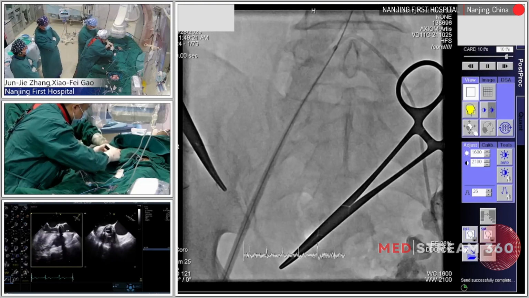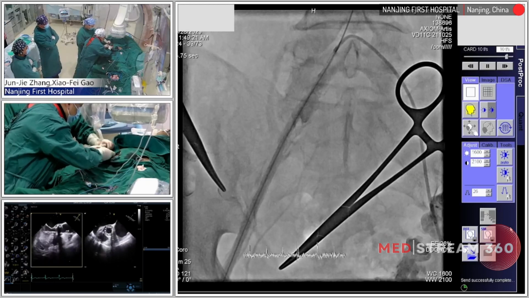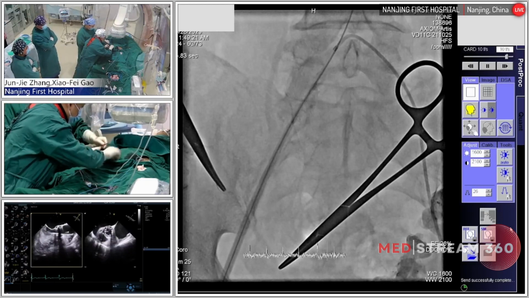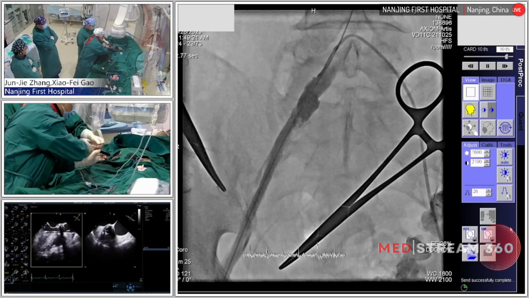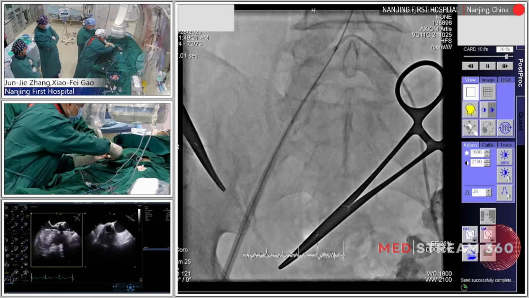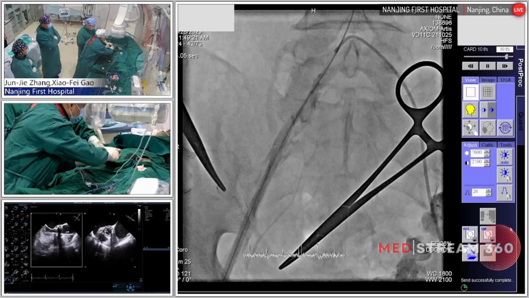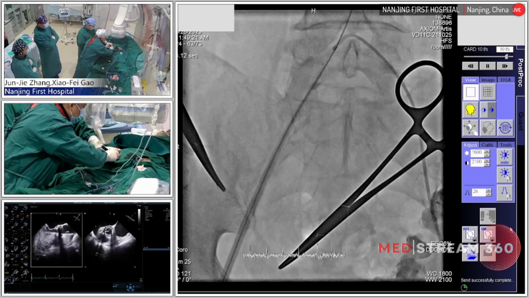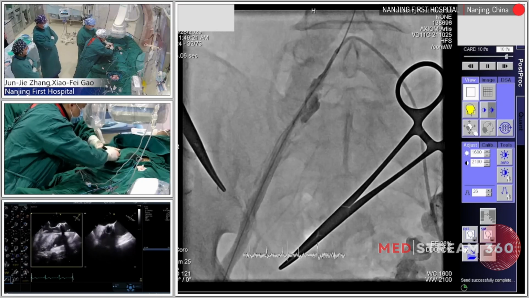Before we inserted the sheath, we did balloon angioplasty with a 6 mm balloon. After successful lesion preparation, we inserted the 14 French sheath. Then stepwise, we inserted the wire and advanced the 23 mm valve, and at nominal position, we successfully deployed the valve.